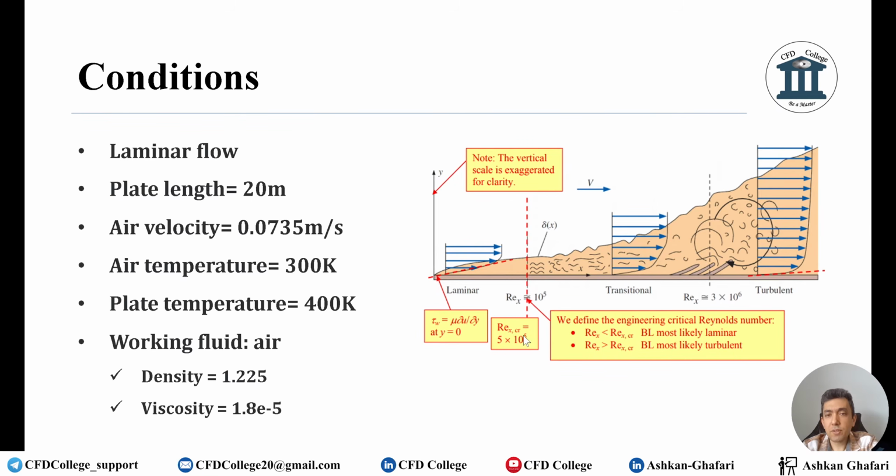Then from the critical Reynolds number, around 5 times 10 to the power 5, to 3 million, we have transitional flow, which is the hardest regime to simulate or even to use experiments. And after that, we have turbulent flow.